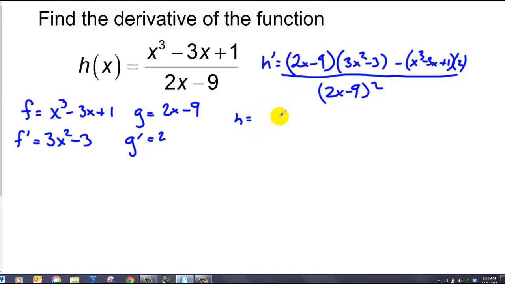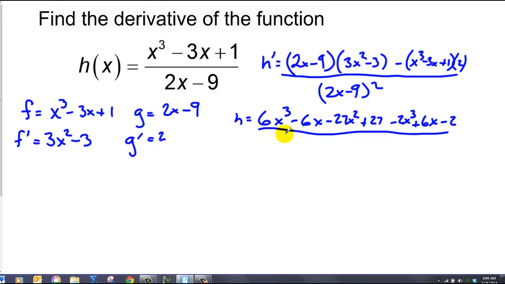So let's simplify this a little bit. We get 6x cubed minus 6x minus 27x squared plus 27 minus 2x cubed plus 6x minus 2 all over, again, I'm going to leave this because I don't think anything pretty is going to become of it.